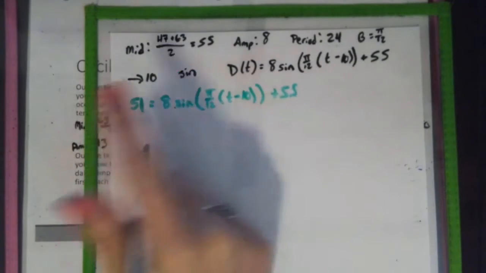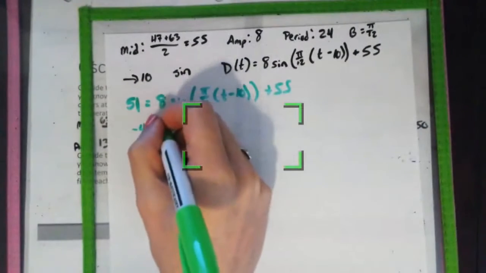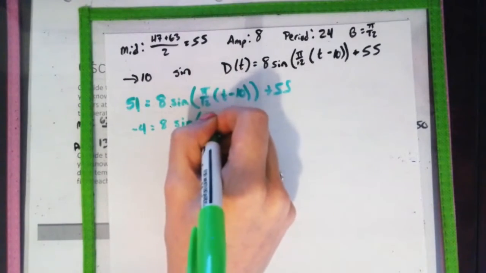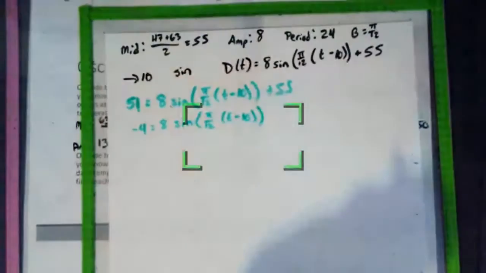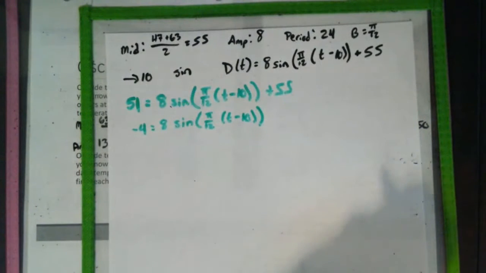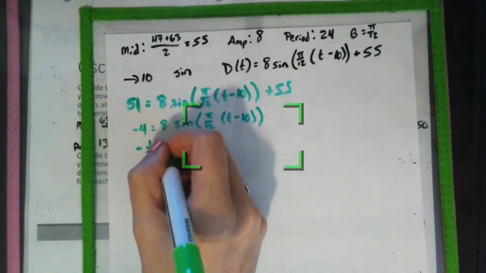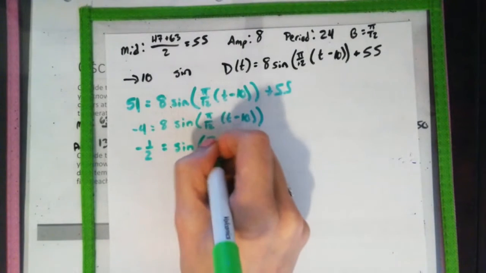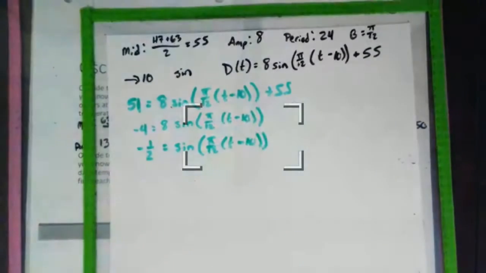So I can subtract my 55. That'll give me negative 4 is equal to 8 times the sine of pi over 12 times t minus 10. Dividing by 8, I get negative 1/2 is equal to the sine of pi over 12 times t minus 10.